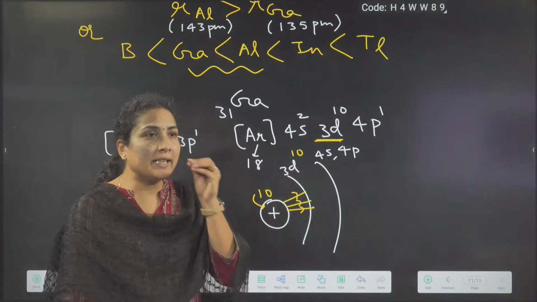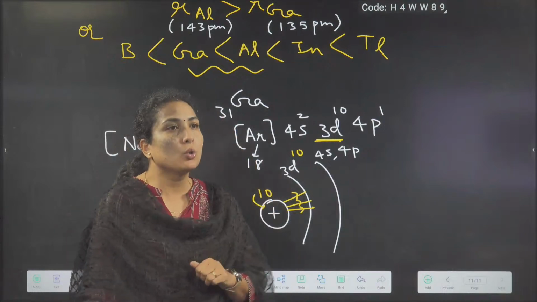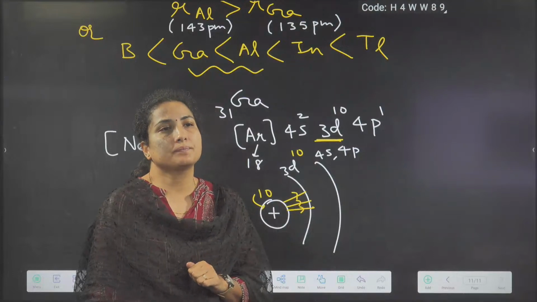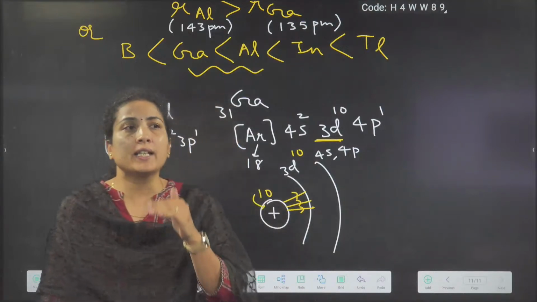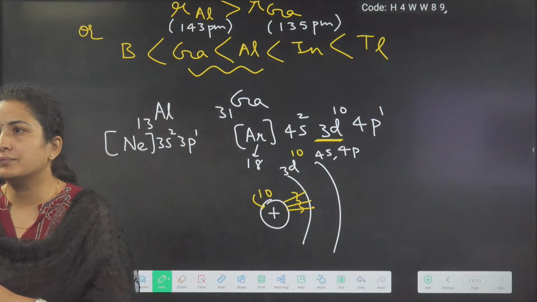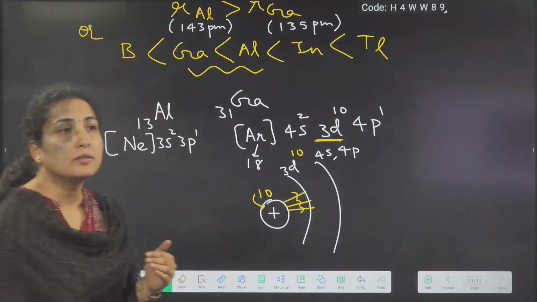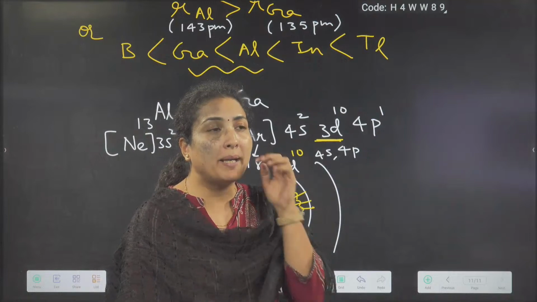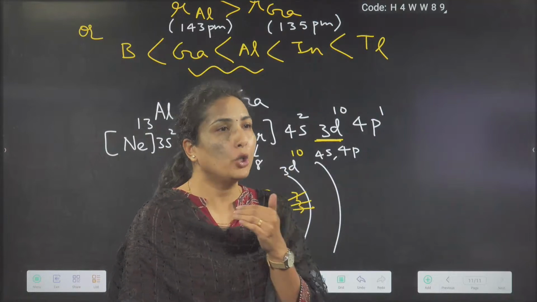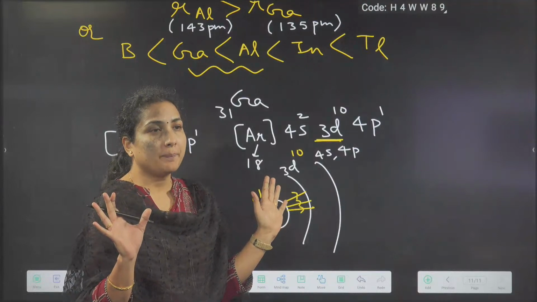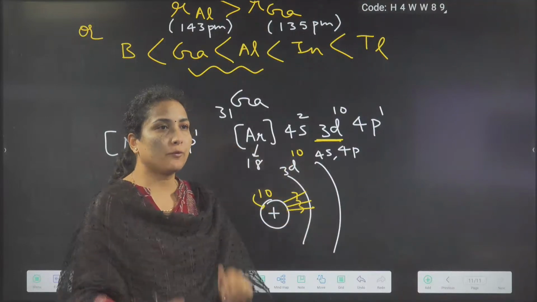Is this 3d capable of screening this nuclear force of attraction properly? Is the shielding effect of the d subshell poor or not? Does d have a better screening effect? No. That means it will say, no, it's not my work, I'm not able to stop the nuclear force of attraction.